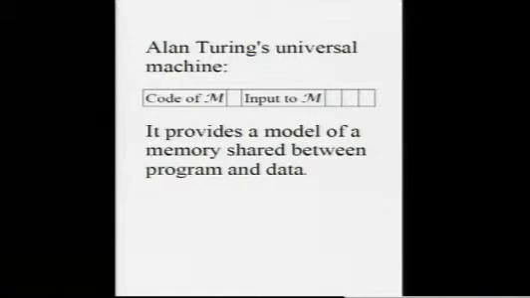It would have its own table of quintuples, and you would imagine on its tape written up the quintuples of a particular machine written in coded form according to some straightforward code.